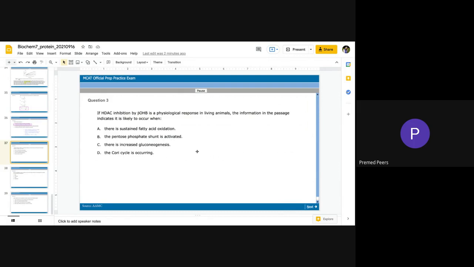Whether there is increased gluconeogenesis, remember that we already kind of think about when you're going through prolonged exercise, that means that you're using all up your glycogen storage. So glycogen, you need to do glycogenolysis to kind of break down the glycogen, right?